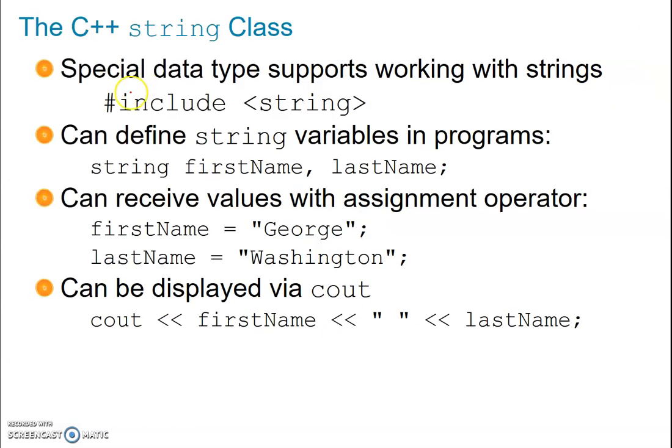We actually need to use one of the preprocessor directives in order to use a string because the string itself is an object and has a class associated with it. The primitive data types, which is what a char and an integer are, don't have that, but string is not considered a primitive data type, so we must use the directive, the pound include, in order to execute strings.